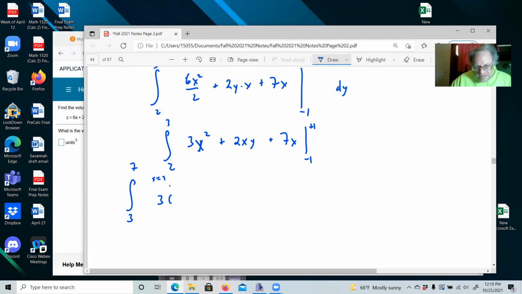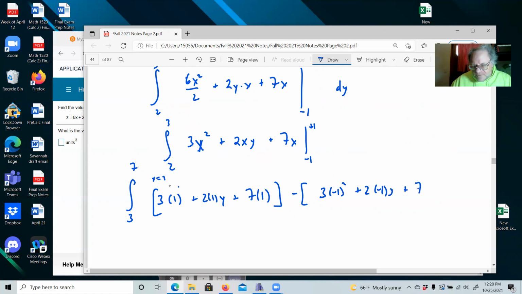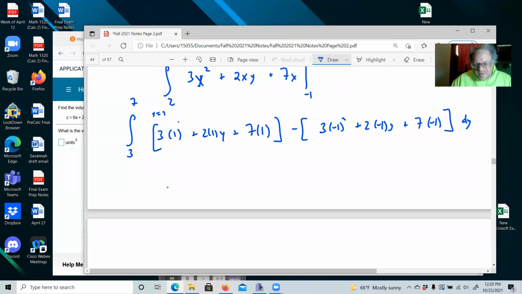So we have 3 times 1 squared plus 2 times 1 y plus 7 times 1, minus 3 times -1 squared plus 2 times -1 y plus 7 times -1, dy. So evaluating, we've got 3 plus 2y plus 7.